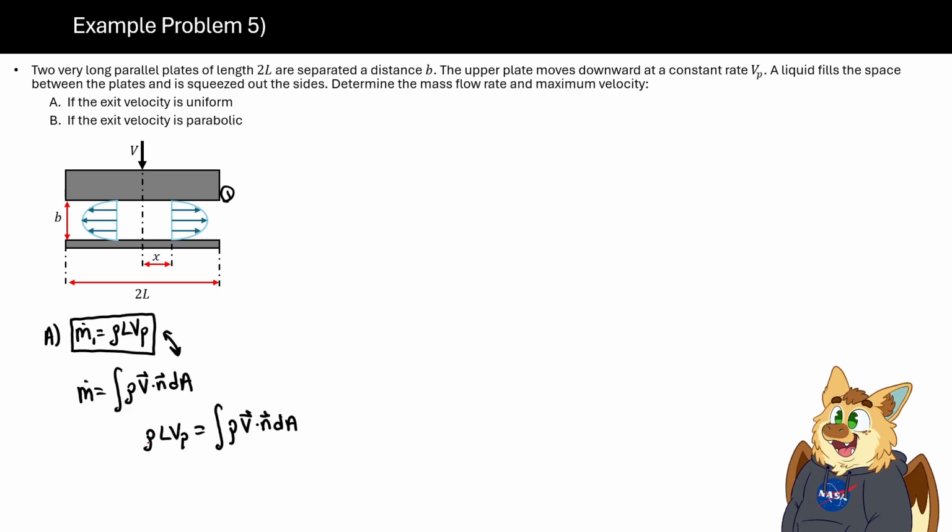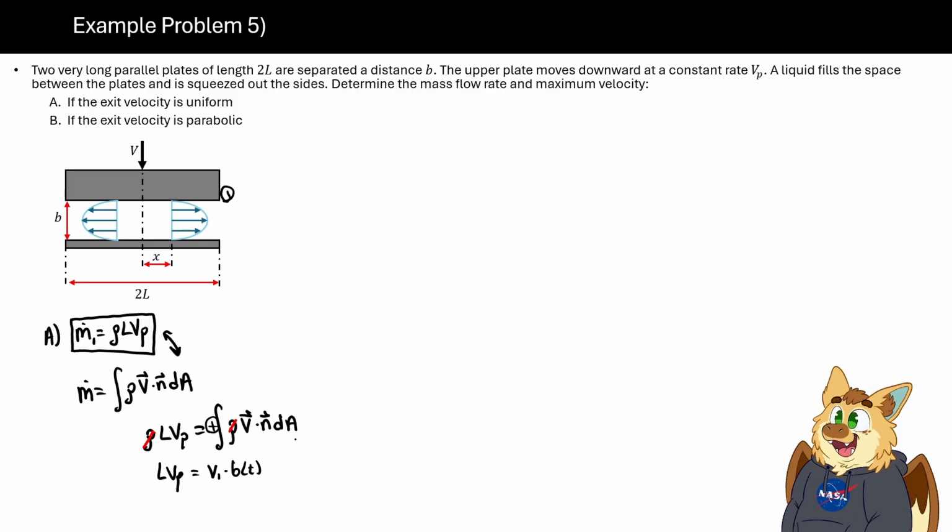We can cancel out our rhos here. And so we have LVP equals, after we do the dot product here, we end up with a positive value outside of our integral because we have an outflow value. And after the dot product, we have a scalar. dA technically is changing with time, but in this case, we can just write it as b of t. So basically, this would just be v1 times b of t.